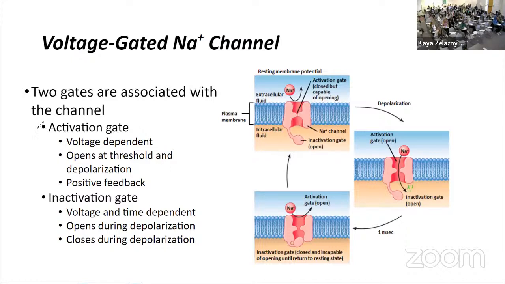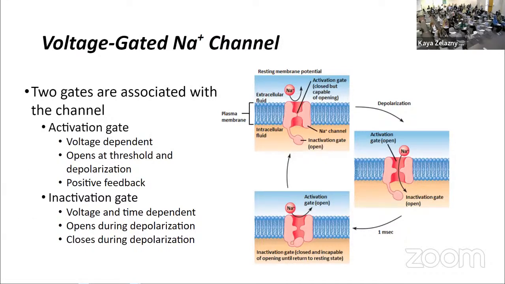If you have another voltage gated sodium channel right next to it, if this portion of the membrane wasn't at -55 yet, as those charges spread out, move to the side, it's going to trigger this next one in the line. So this is going to happen like dominoes and allow these charges to flow down the cell. So when we talk about how our action potential gets propagated down the axon, that's basically what's going to happen.